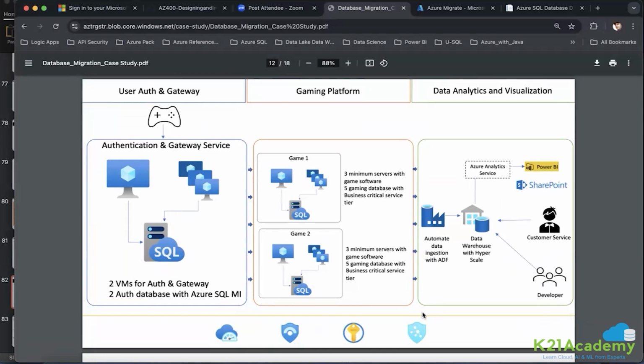And the bottom layer talks about all supporting services, like Key Vault, Microsoft Defender for the security point of view, and Azure Monitor and whatnot.